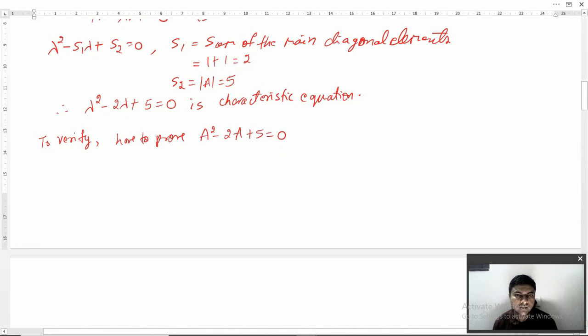So what I have done is just put lambda equal to A. That's it. Now I have to prove this LHS is equal to RHS, students. Is it clear, students? Okay, let us try now.